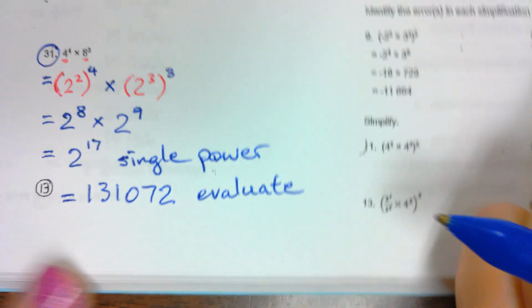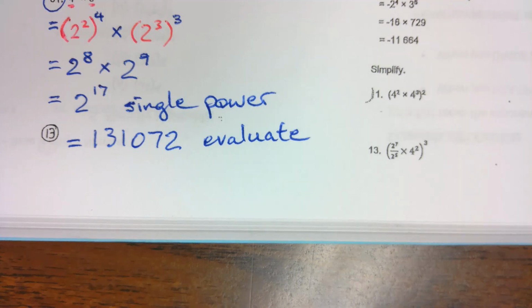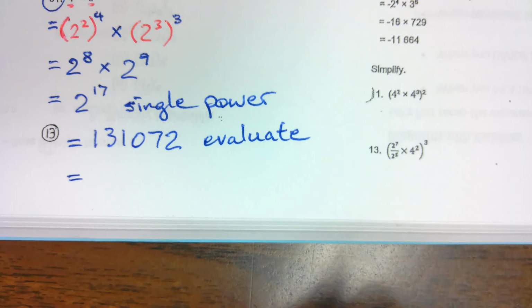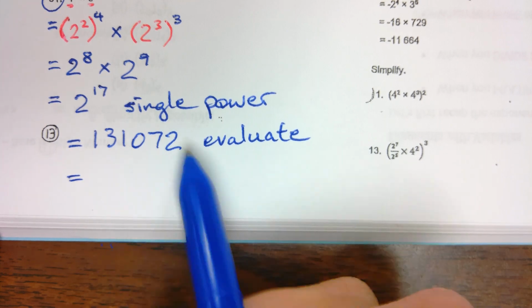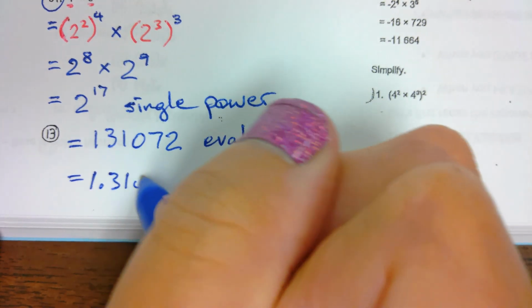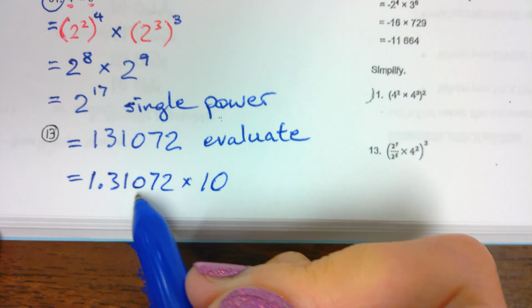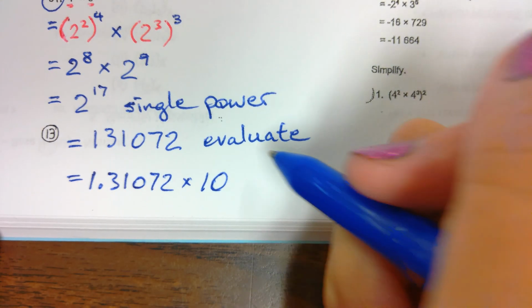And as a recap of what we did, how do I write this in scientific notation? How do I rewrite this number in scientific notation, Derek? 1.31072 times 10 to the power of 5, yes.